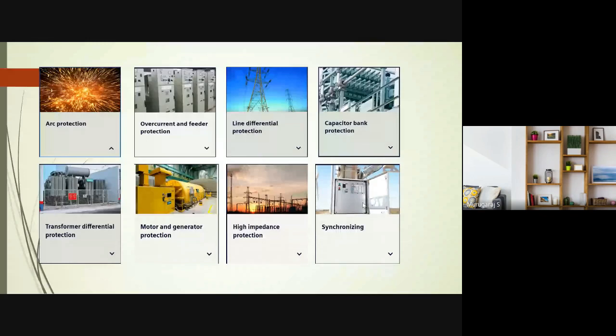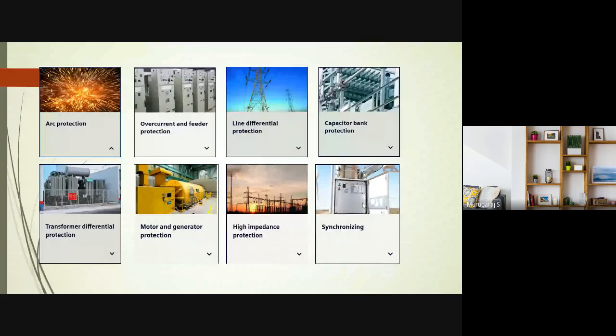Suppose I have taken 2 MVA power from EB, and if there is a power cut and I have 2 DGs, in order to sync the 2 DGs I need to maintain 3 parameters equal.